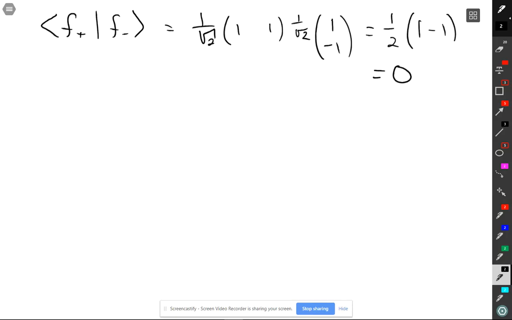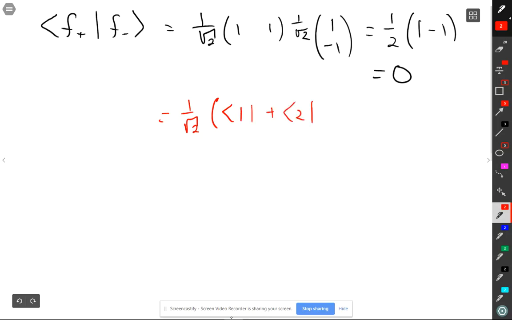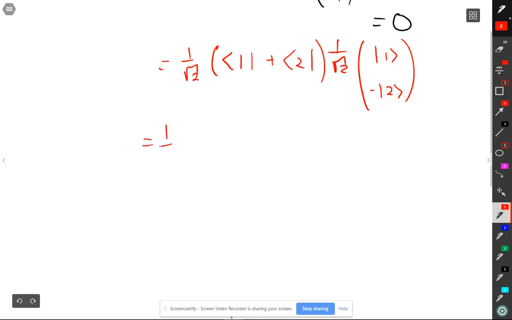The other way to do it would have been to say equals 1 over root 2 ket 1 plus ket 2, because I had rewritten it in terms of 1 and 2, times 1 over root 2, or that was bra 1 and bra 2, ket 1 and minus ket 2, which gives me 1/2.